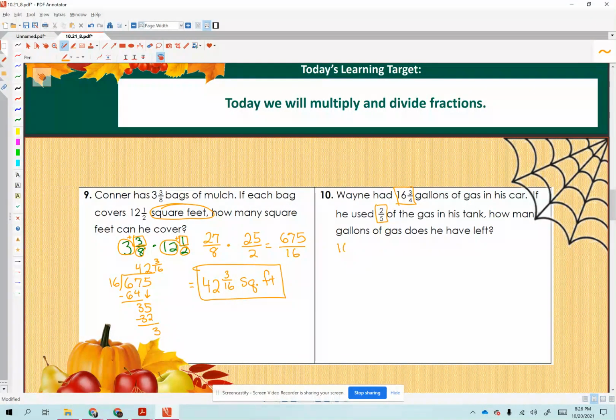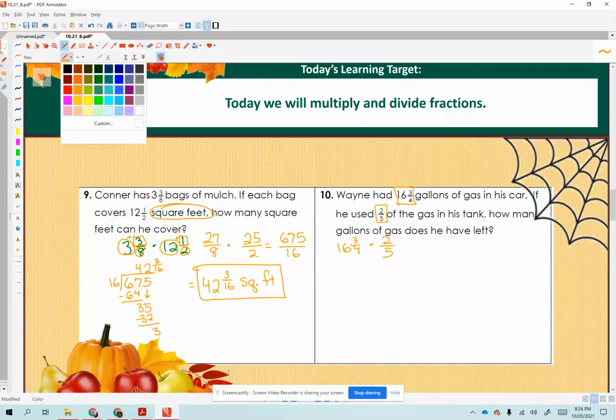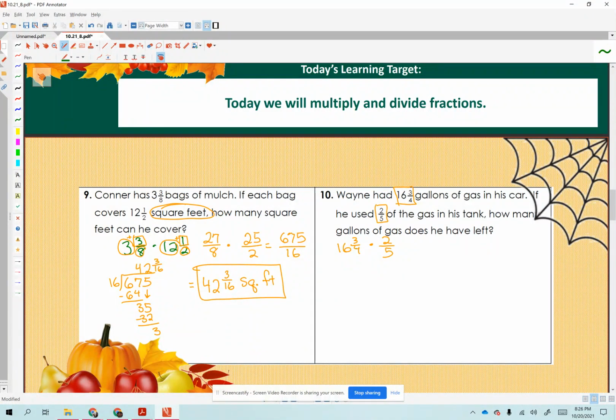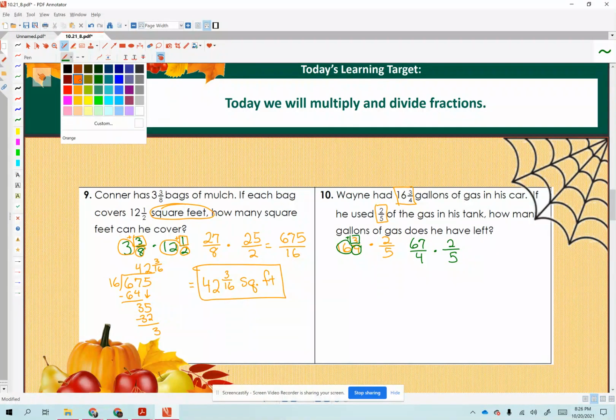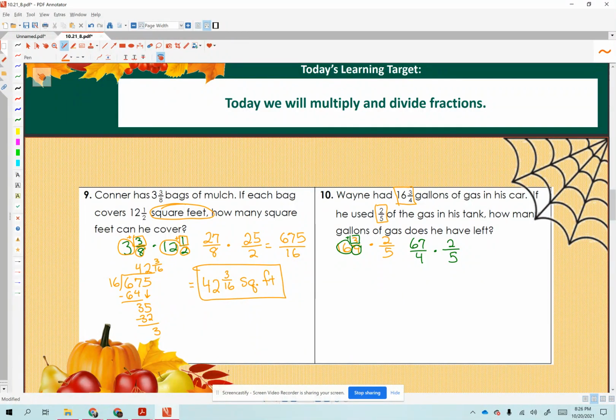So we're going to multiply 16 3/4 times 2/5, and we will convert the 16 and 3/4 to an improper fraction. 16 times 4 is 64, plus the 3 in the numerator makes 67/4 times 2/5. Now, in terms of simplifying this further, the 5 is not a factor of 67, and this, in fact, is a prime number.